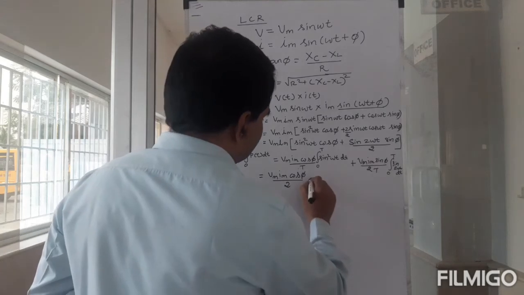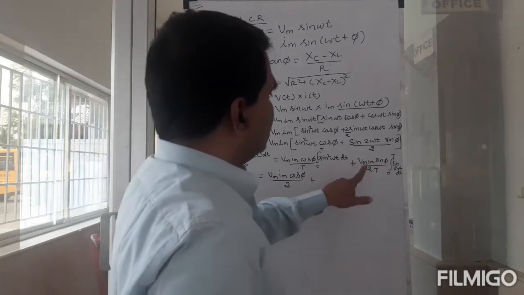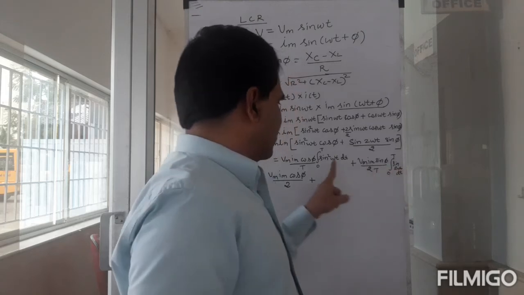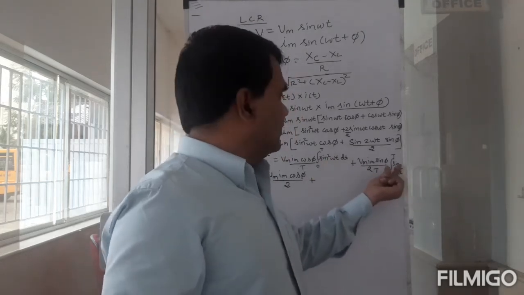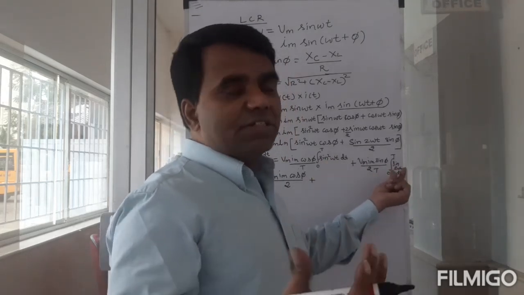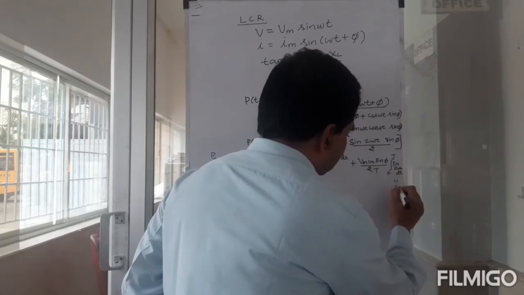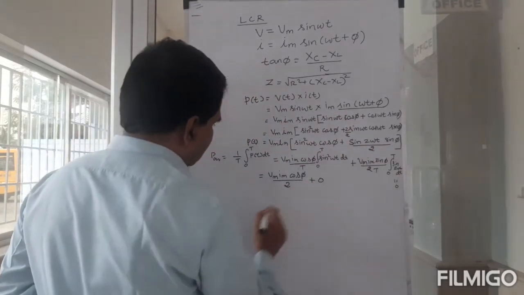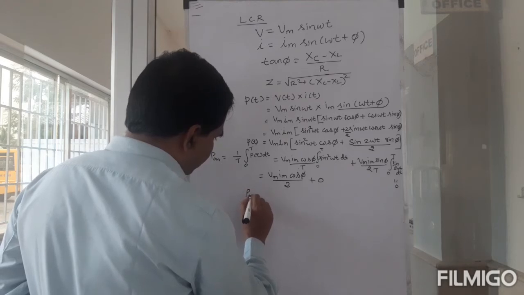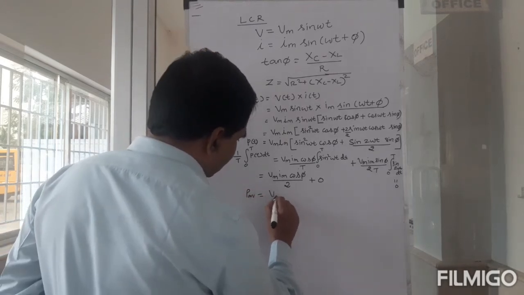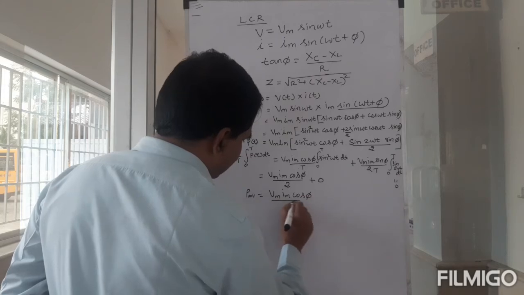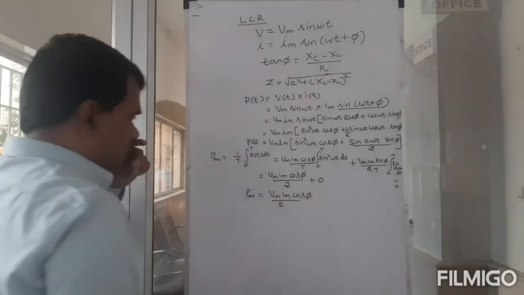Let's come here. What is sine 2 omega t dt integrated? It is just a sine function. We know the average value for the sine function is 0. So this term will become 0, and the entire term will become 0. So the average power is given by Vm Im cos phi by 2.